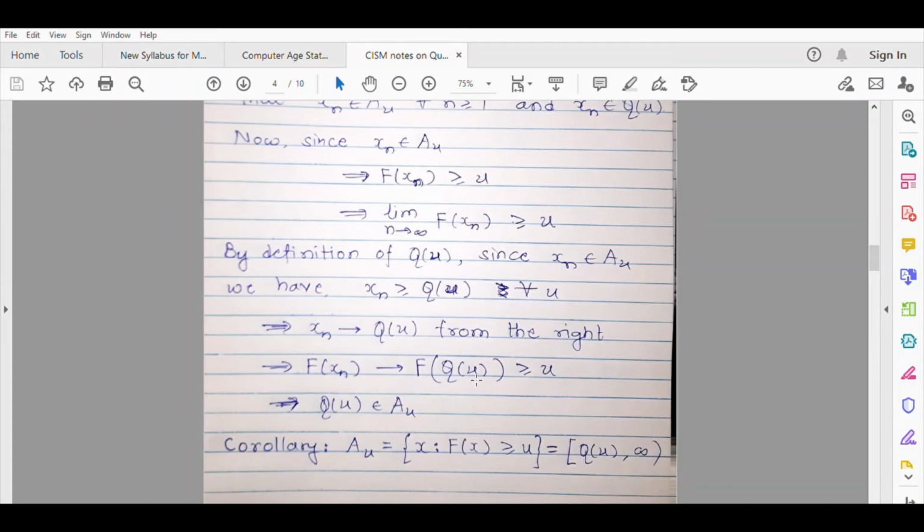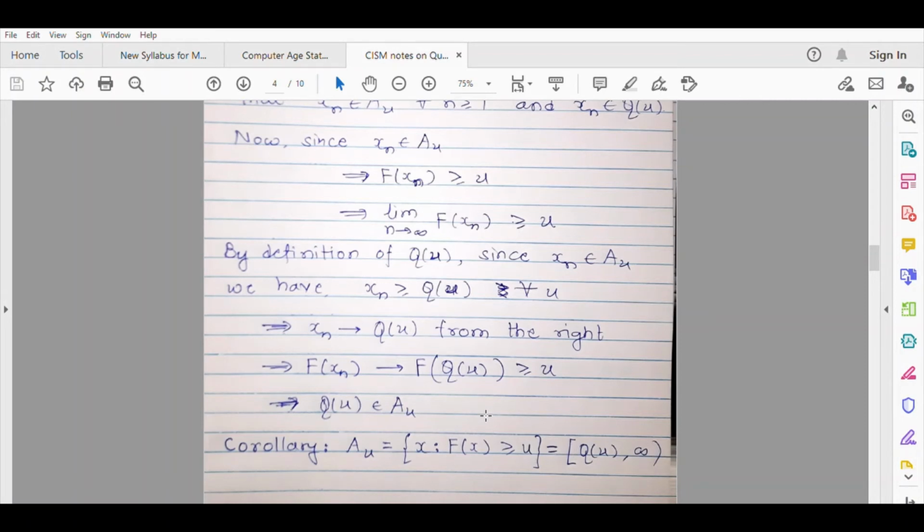So what will happen when you apply f there on both sides? You will get f at QU greater than or equal to u. As a result, this QU will again be in AU. So this is how we prove that the point QU again belongs to the set AU. That is, even at the point QU, the condition that f of x is greater than or equal to u will be satisfied.